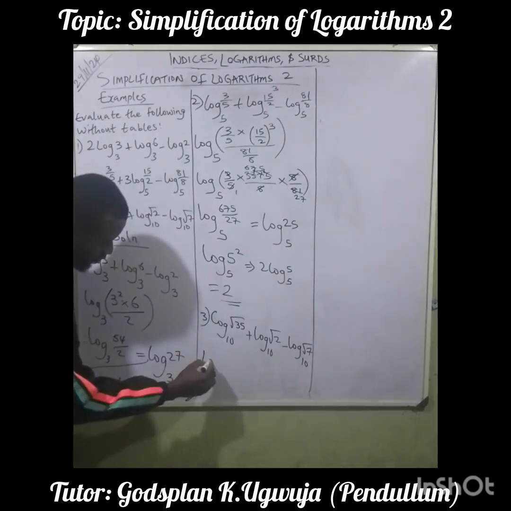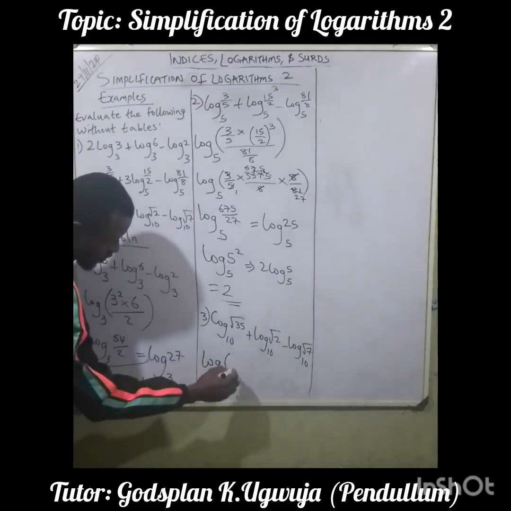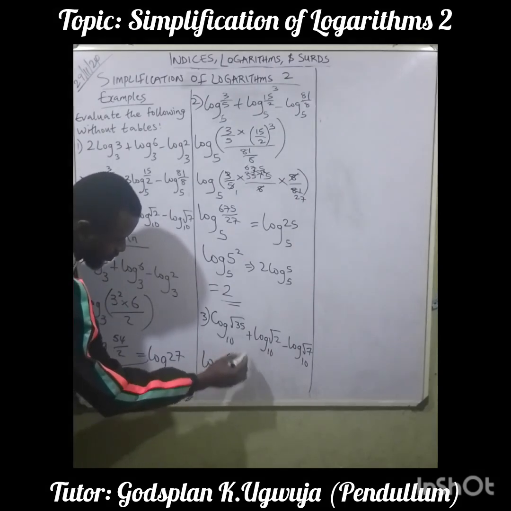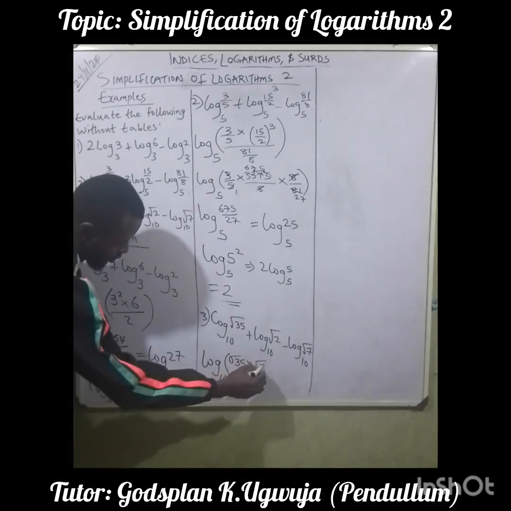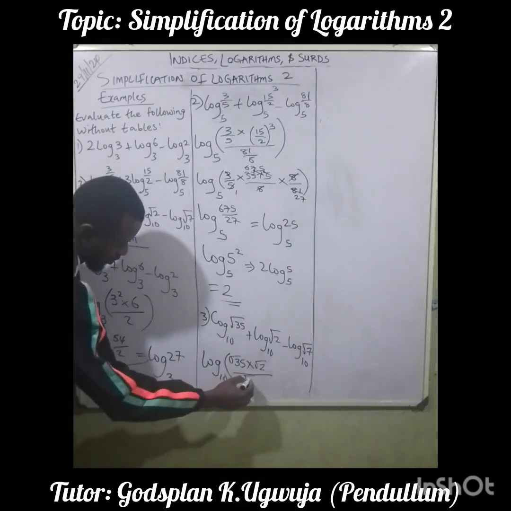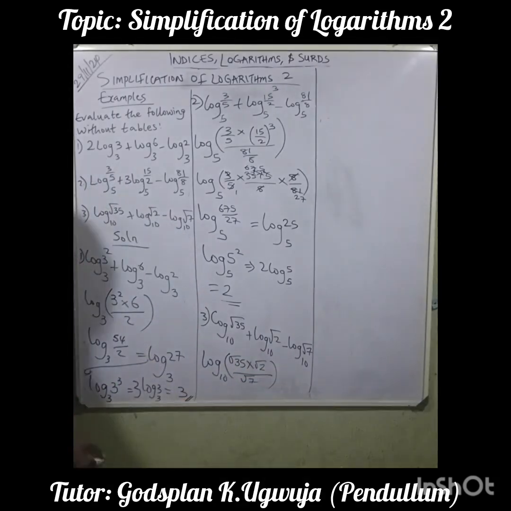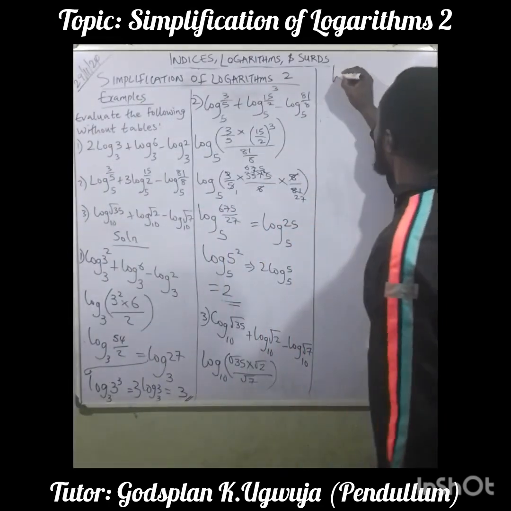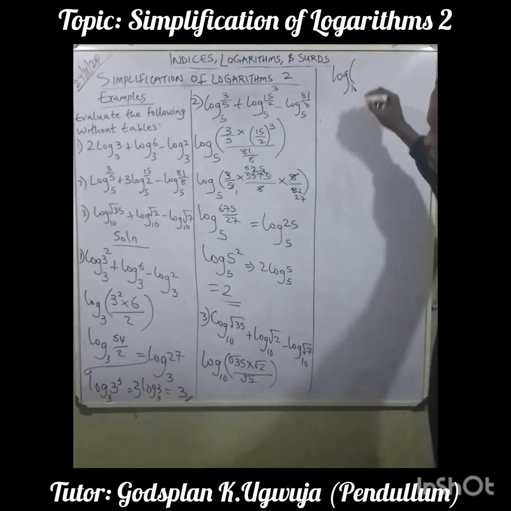So we can take one of the root 10 and then we have root 35 plus is times root 2, minus is divided by root 7. Alright, and this will give us log 10.